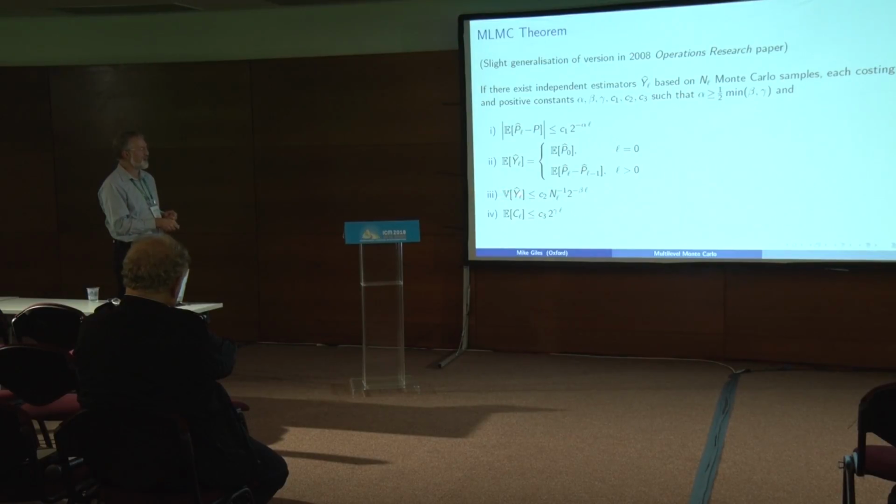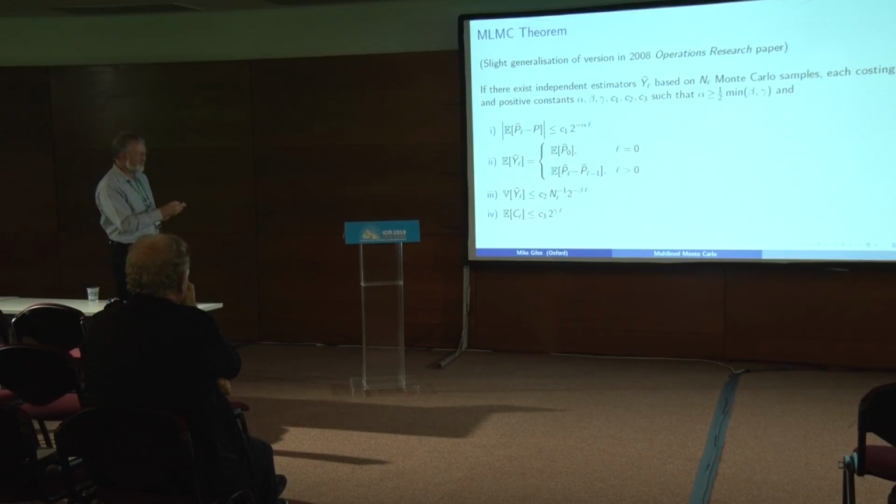I assume that the variance, well, the variance will automatically go like 1 over n, but I'm assuming here it also decays exponentially with level at a rate controlled by beta, and I assume the cost goes up exponentially with level at a rate controlled by gamma. Usually, getting gamma is relatively obvious. Alpha, usually there's a lot of literature that tells you about the weak convergence order. It's the variance one that tends to be the difficult one in doing applications, to work out this rate beta.